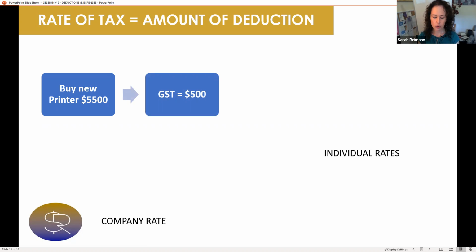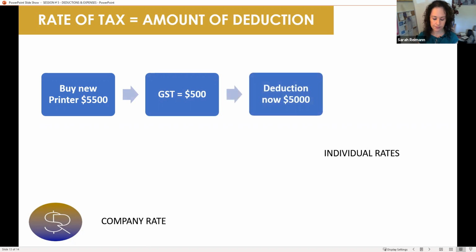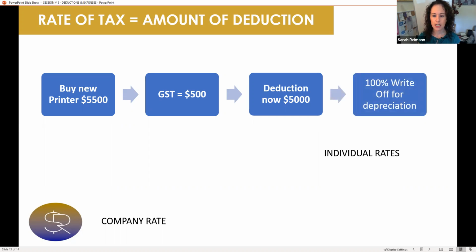This brings the actual cost of the item or deduction down to $5,000. And under the current rules, we can get a 100% tax deduction write-off for that, for depreciation. Under some old rules, we would have to claim that over a period of time. And look, they may change again in the future, but that's the nature of the tax system. It changes from year to year depending on political parties and budgets.